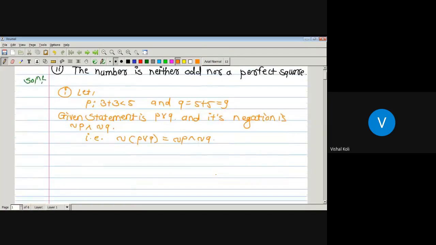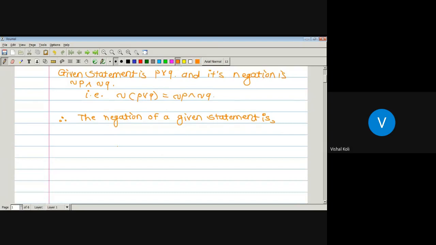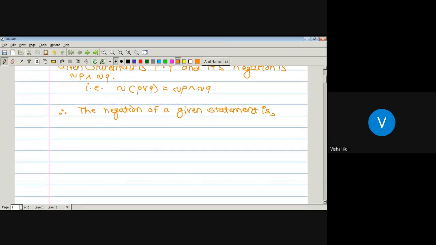Therefore the negation of the given statement is: first write negation of P. As P is 3 plus 3 is less than 5, its negation is 3 plus 3 greater than or equal to 5.